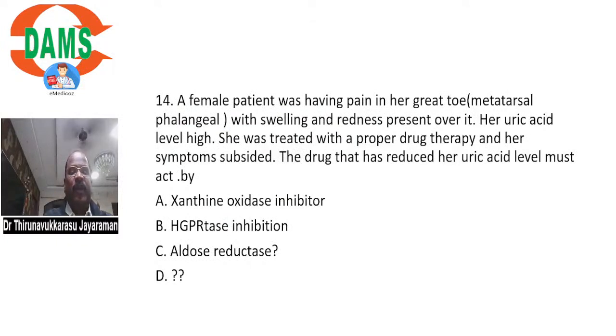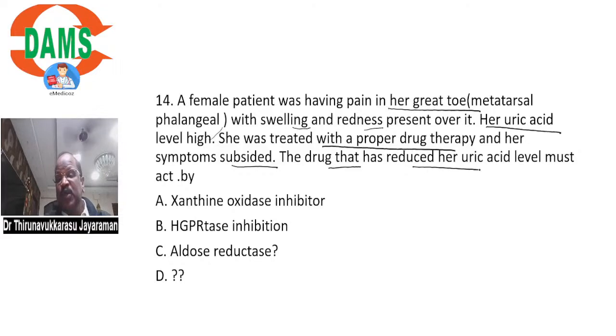Next, a female patient was having pain with swelling and redness. Her uric acid level was high. She was treated with a proper drug therapy and her symptoms subsided. The drug that reduced uric acid level must be acting by what mechanism? I think there are two questions on gouty arthritis.